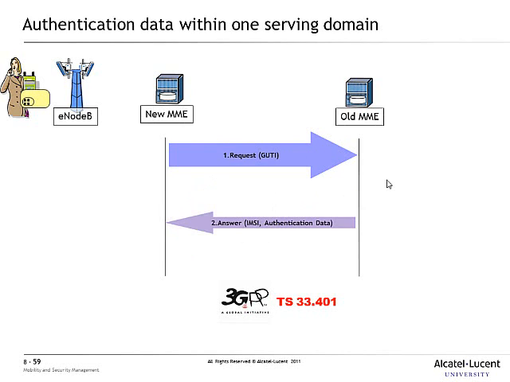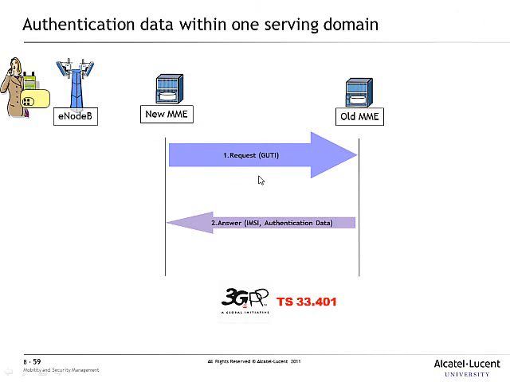Now, even when you change from one MME to another MME in the process of handover or in the process of relocation, what the new MME will do is it will go to the old MME and check whether there are any security vectors available.